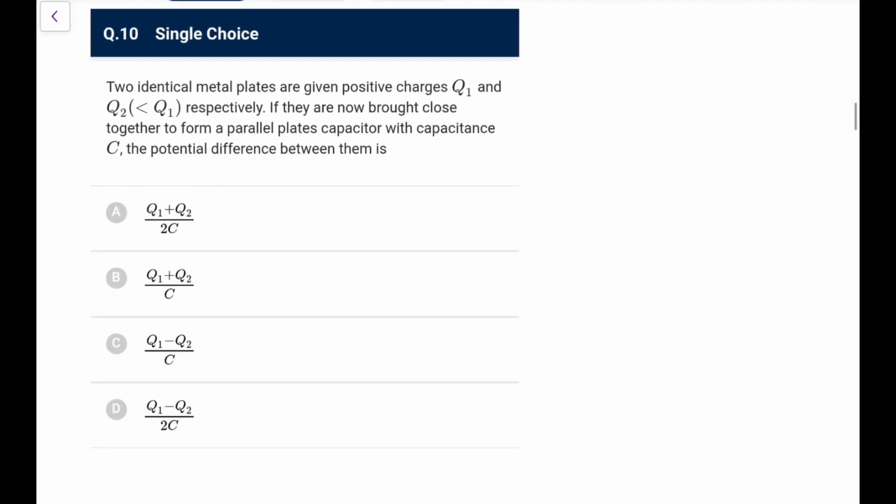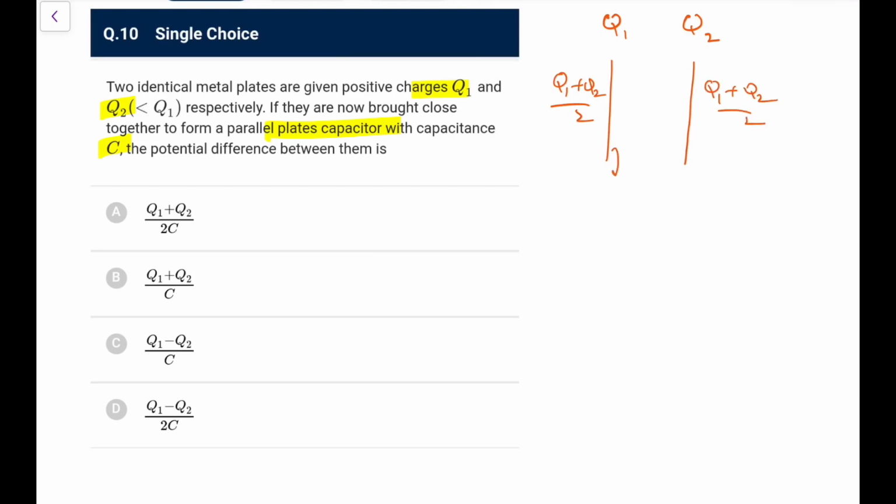Two identical metal plates are given positive charges Q1 and Q2. Q2 is lesser than Q1. If they are now brought close to form a parallel plate capacitor with capacitance C, find the potential difference. When they are brought closer, this is charge Q1, this is charge Q2. The charge distributed on the leftmost plate is this one and on the rightmost is also this one.